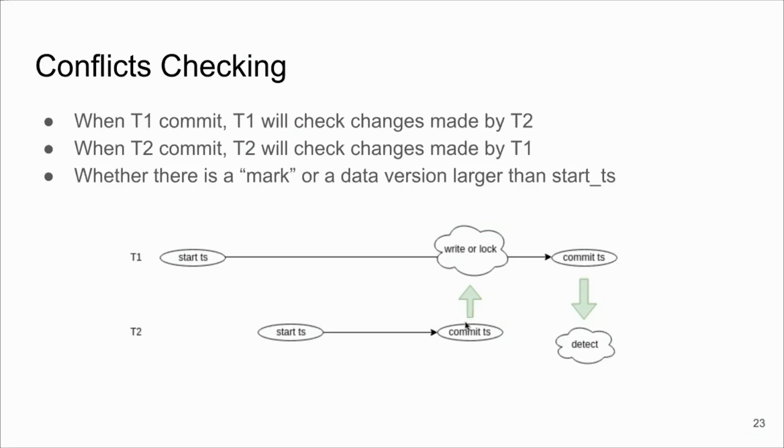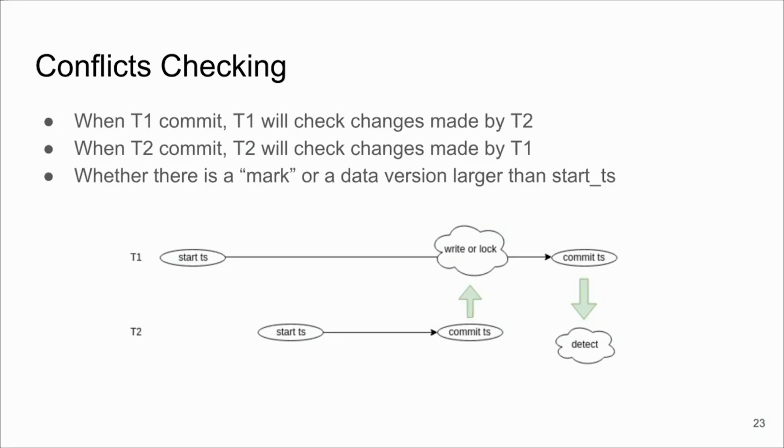So the condition for T2 to commit is that when it checks for conflicts, you check whether there is any ongoing transaction that modifies a key modified by T1. Suppose a data point is modified by T2, and when you try to commit, you check whether this data point was modified by T1. There are 2 cases. One is that this data point is modified by T1, but T1 has not committed.